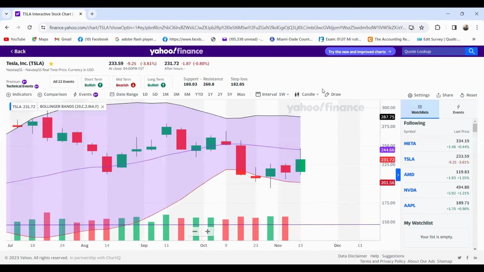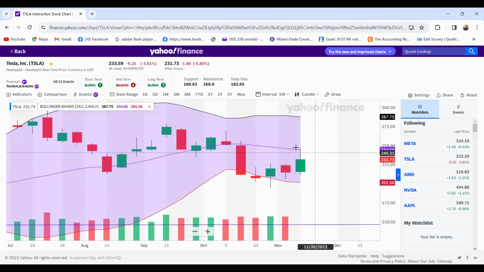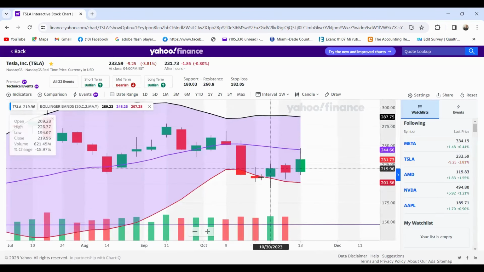The first level, which is the first line, the black line, we call the upper level, which is the top. And the middle one, the blue one, we call the moving average. We consider it as a moving average, the blue one. And the last line is the lower level.